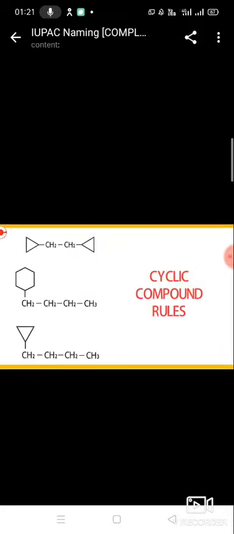Look at this example and try to write this cyclic compound. Look at this attachment. A cyclo compound is present. 4 carbon atoms have come attached with this group. There is no double bond or triple bond. So the main chain is hexane. In the side chain CH3, CH2, CH2, CH3 is present.